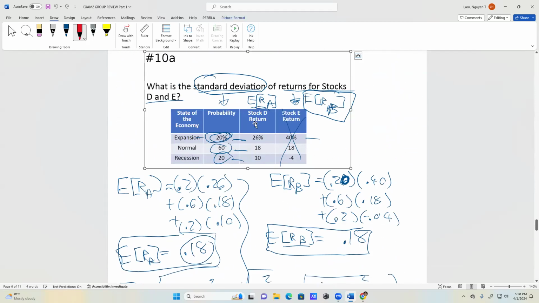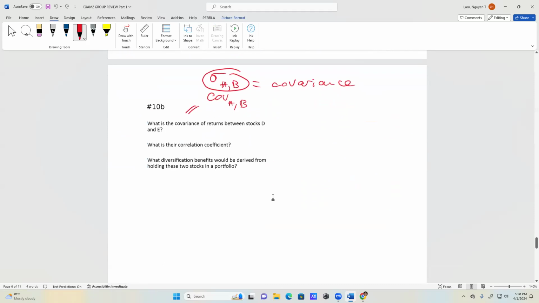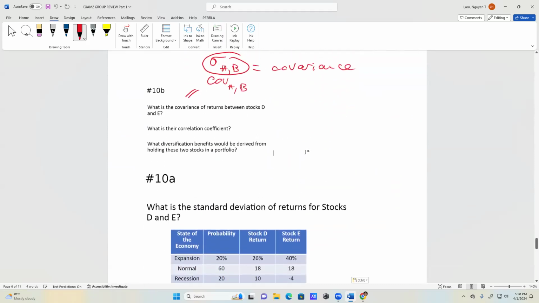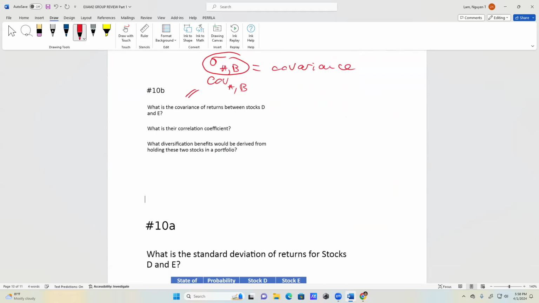Okay, let's do it together here. I'm going to copy this, bring it down, and do it again with you. So what is covariance? I remember the formula is P open, open. One thing to keep in mind, there's no square, so watch out on the equation. There's no square after that.